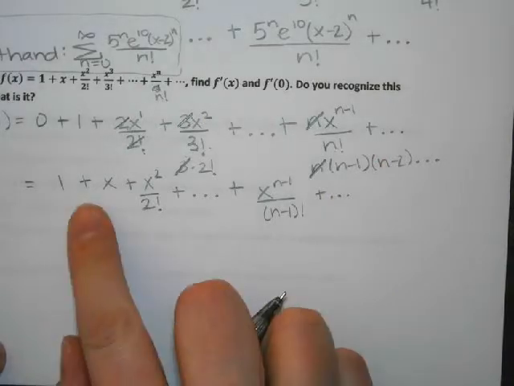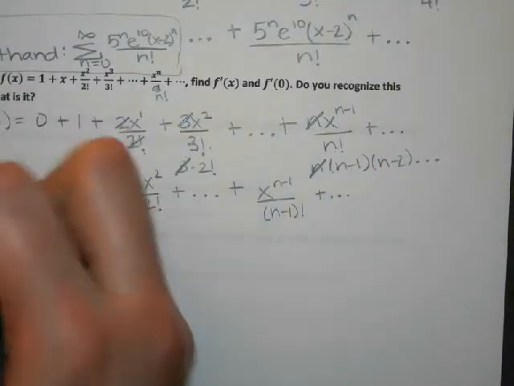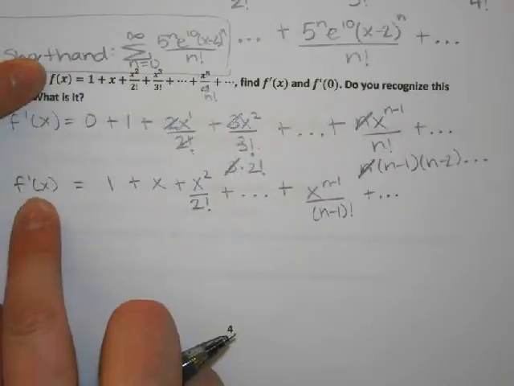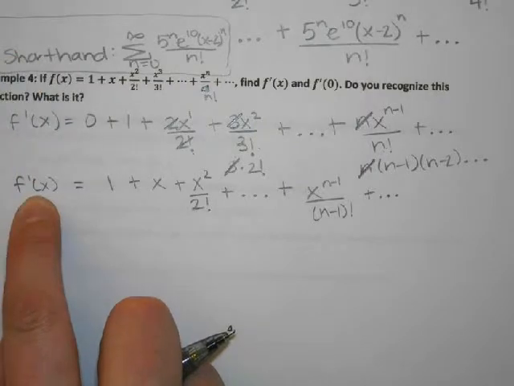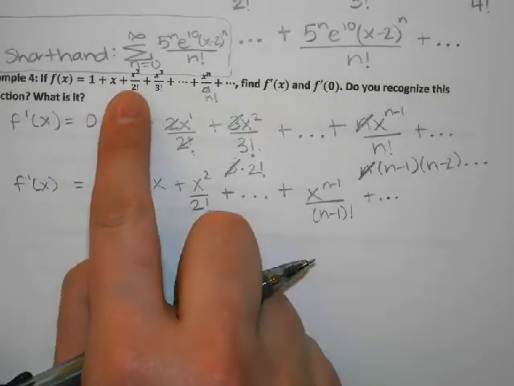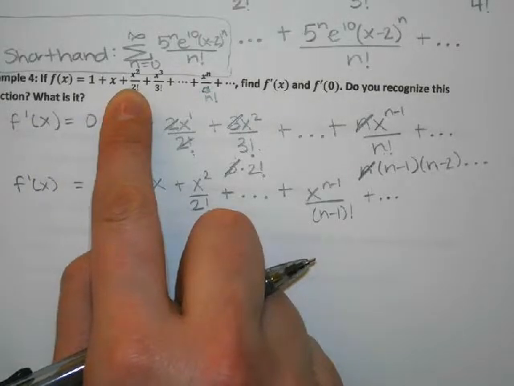Okay, so look at f prime of x, and then look at f of x. What do you notice? They're the same. What function do we know of where the function and its derivative are the same? So this is the polynomial approximation of e to the x.